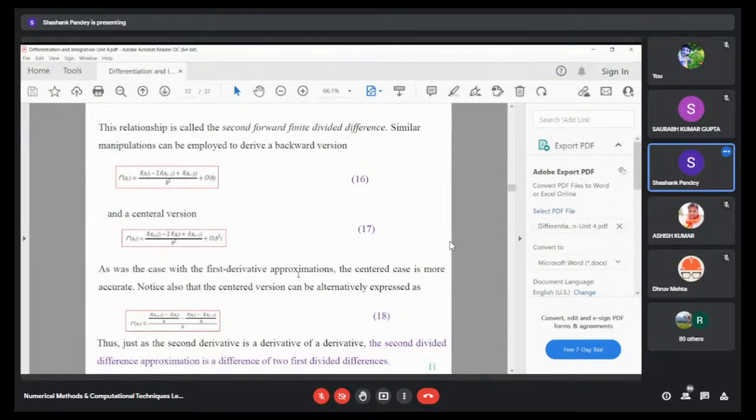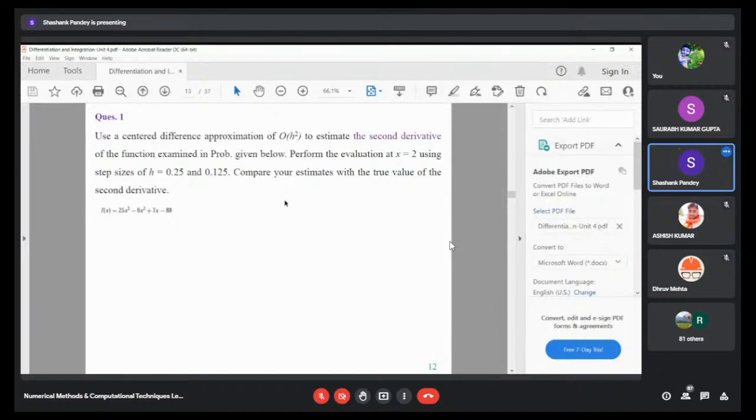Just as the second derivative is the derivative of a derivative, the second divided difference approximation is the difference of the first two divided differences.